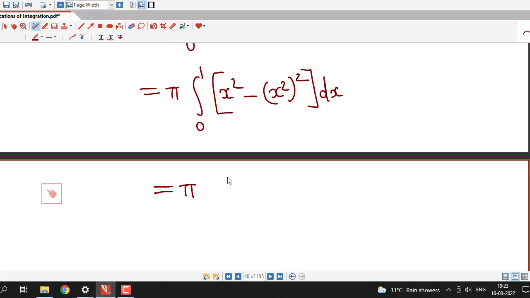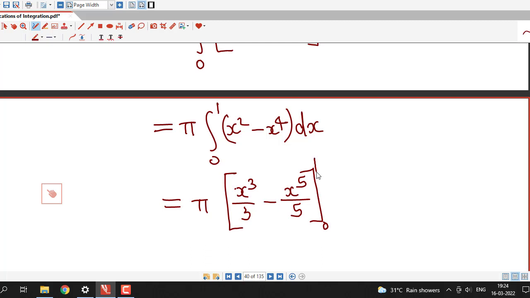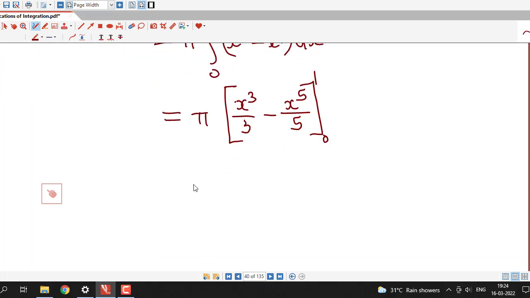So this is equal to pi times the integral from 0 to 1 of x square minus x raised to 4, with respect to x. This is equal to pi times x raised to 3 divided by 3 minus x raised to 5 divided by 5. Limits of integration are from 0 to 1.